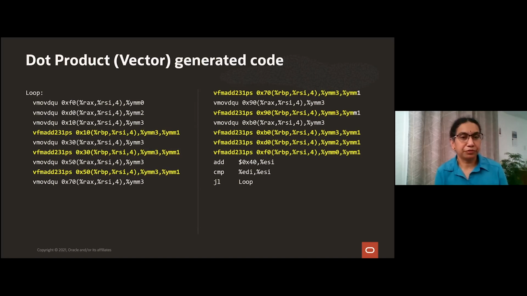As Paul showed before for the vector mismatch, here also you can see that the code generated by the C2 JIT is very clean. You can see that there are 2 vector load instructions and 1 FMA per iteration of the loop. C2 JIT has also unrolled this loop, and you can see going from one FMA to another FMA, there is a dependency on the accumulation vector.